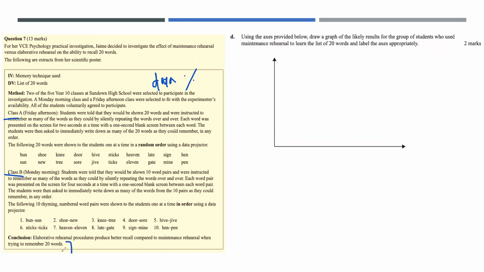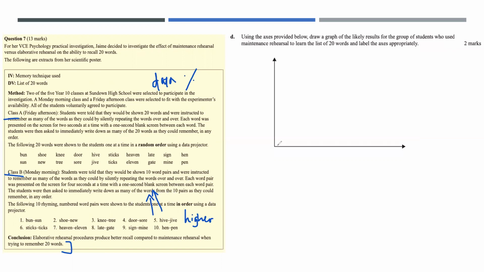We've just got the conclusion that people in class B recalled better, had higher recall, compared to people in class A. That's the only thing we know, and for that reason, that's the only thing we can work with as we approach the drawing of this graph.